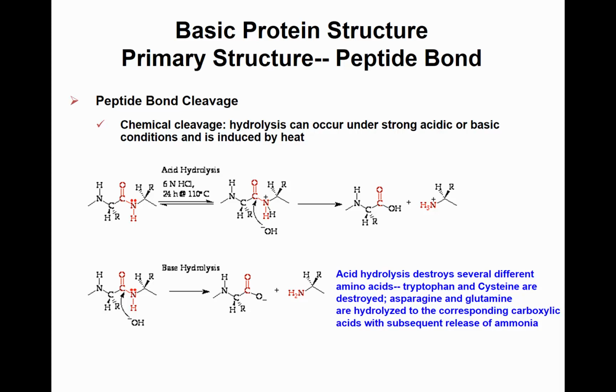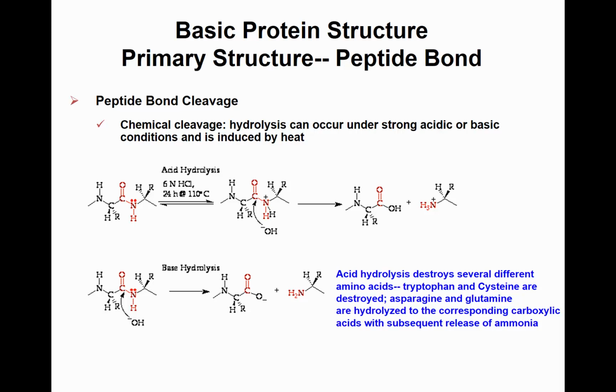We just said that you can break a peptide bond by hydrolysis with concentrated acid or a concentrated base. So we said 6 normal HCl is the common one, at 110 degrees Celsius for an extended period of time, which can be up to 24 hours. You break that down into amino acids, however, acid hydrolysis destroys some amino acids like tryptophan and cysteine.